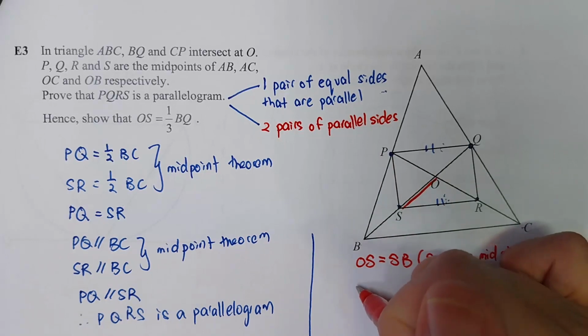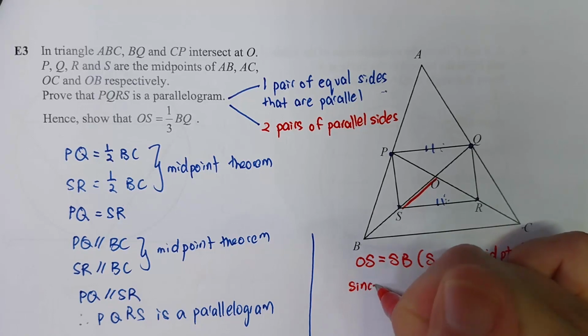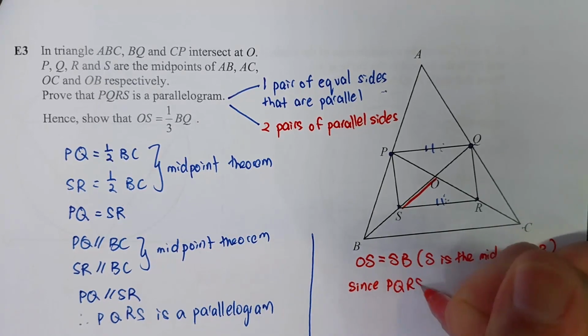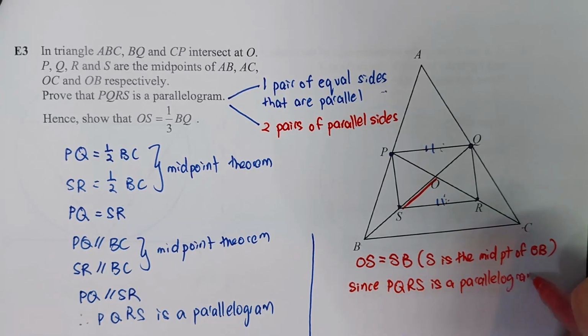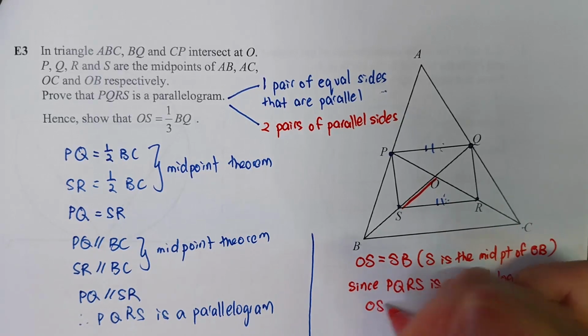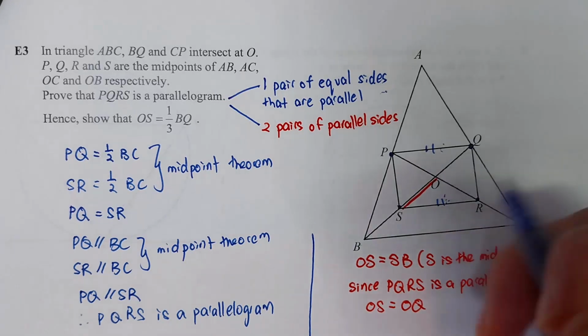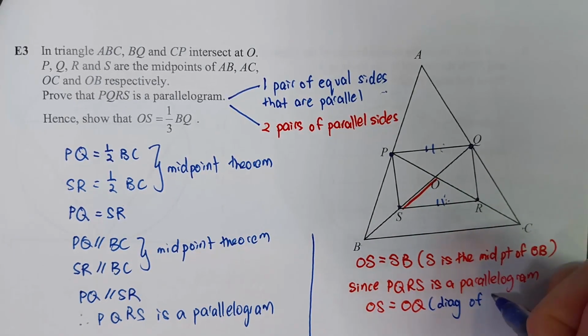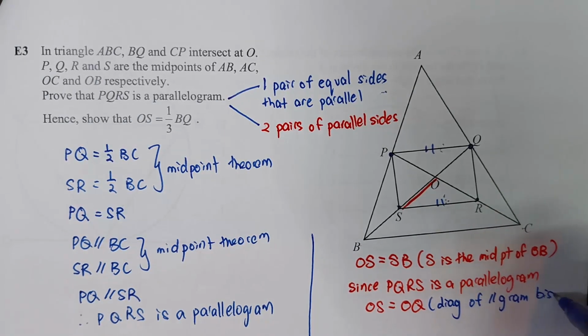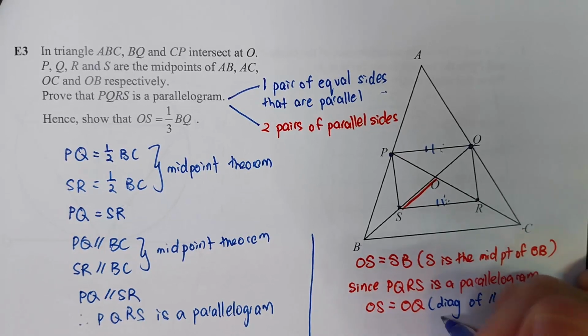So we will write this down. The diagonals of a parallelogram bisect each other.